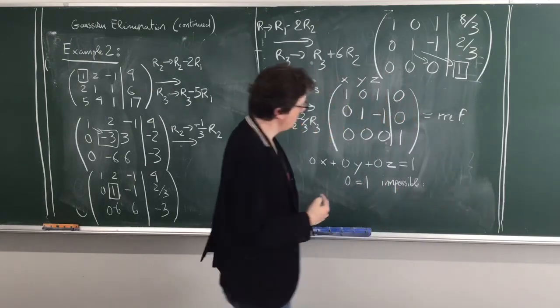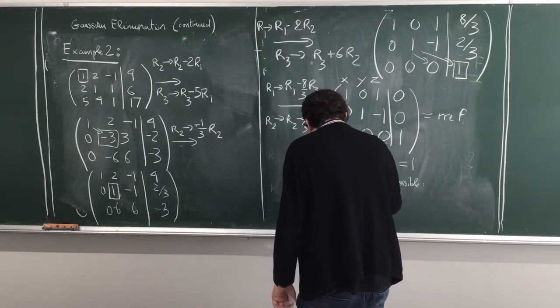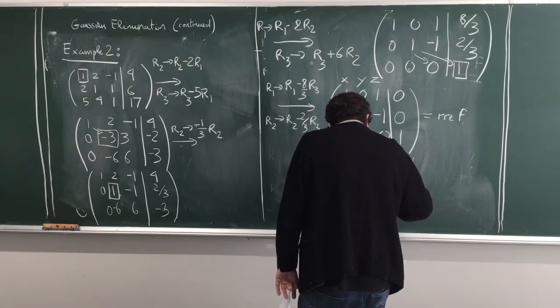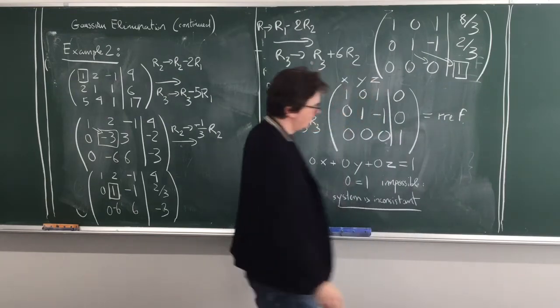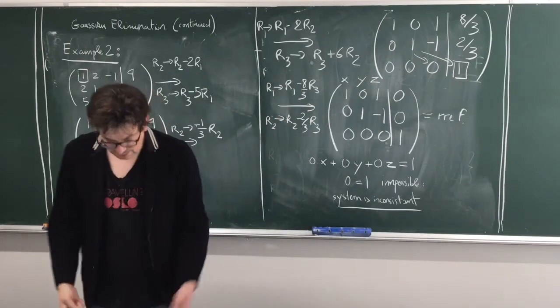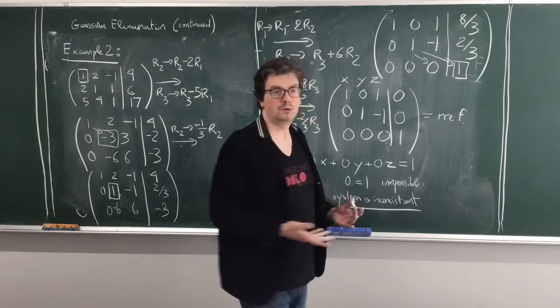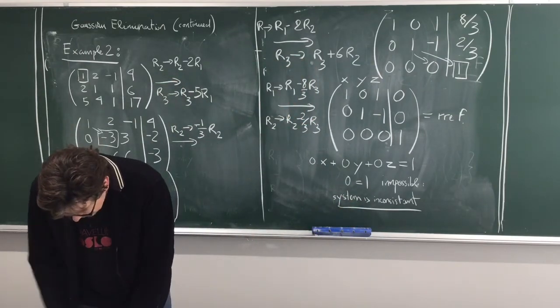It means actually that the system is inconsistent. Okay, one solution in the first example, and in the second example, we find actually 0 solutions, okay? Good.